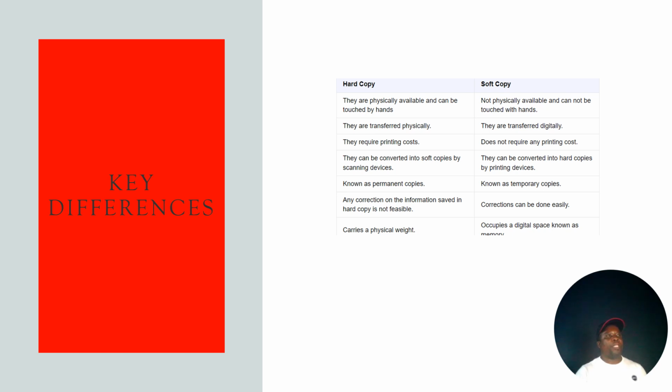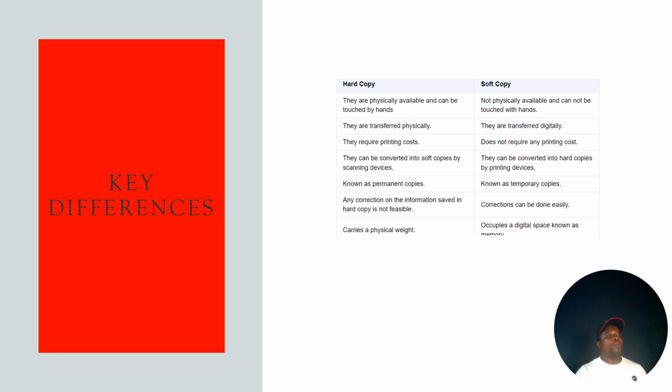And the difference between soft copy and hard copy, I'm not gonna say a lot of that, but maybe just to highlight some few of them. Hard copies are physically available. You can actually see them, you can actually touch them, as opposed to soft copies that are not physically available and you cannot touch them.